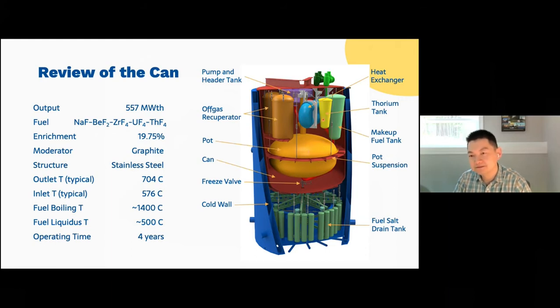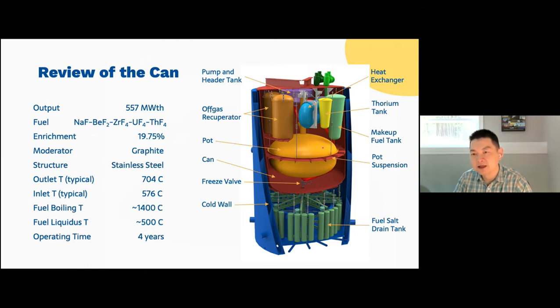And then there's a thorium tank. So we're adding thorium into the primary loop. Basically, we're adding into the pot. So those two tanks serve the purpose to adjust the amount of fissile material in the pot, therefore adjusting the reactivity of the system.